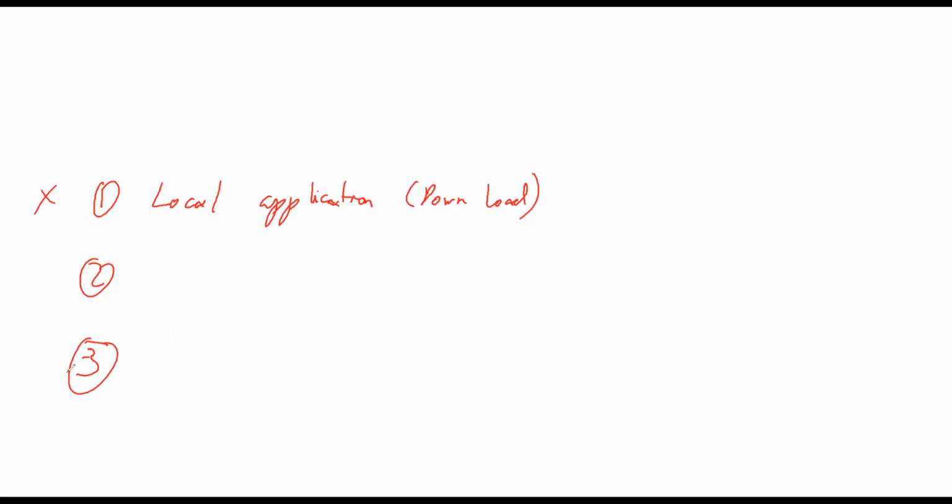So let me talk about the other one. So this is the one that we're going to talk about today. So here, the third one would be what is called AI or machine learning as a service.